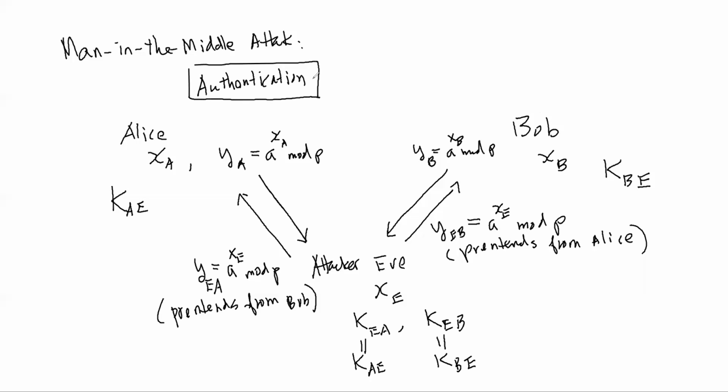Okay. However, there is another type of attack called clogging attack. So what is this? This is some kind of denial of service attack. So let's say Alice here.